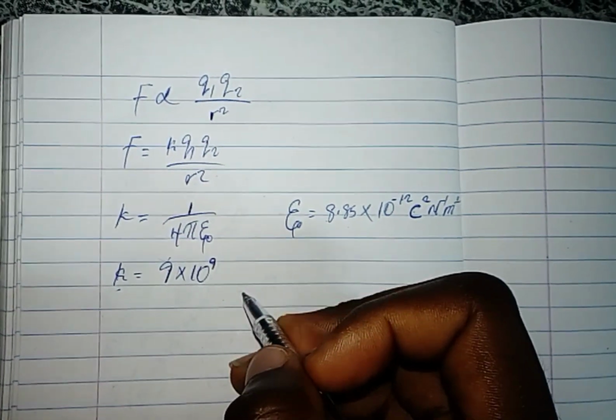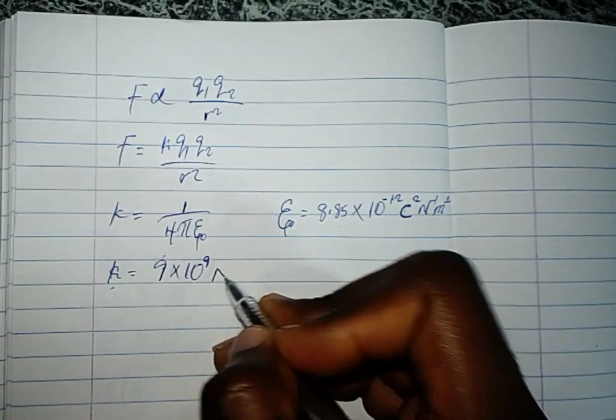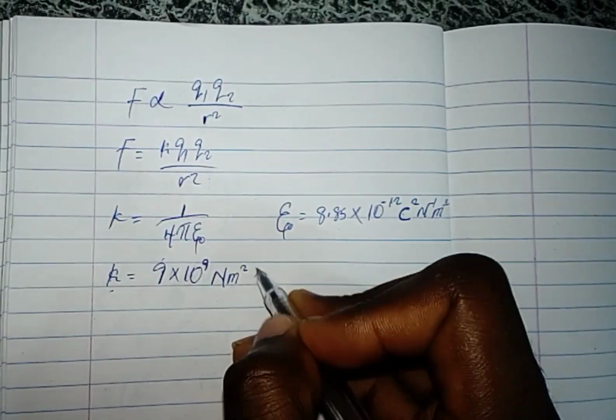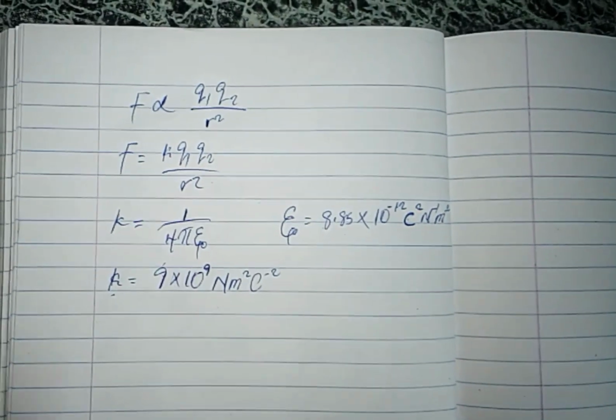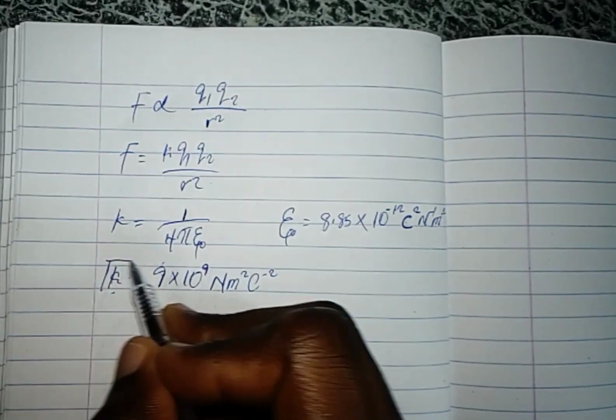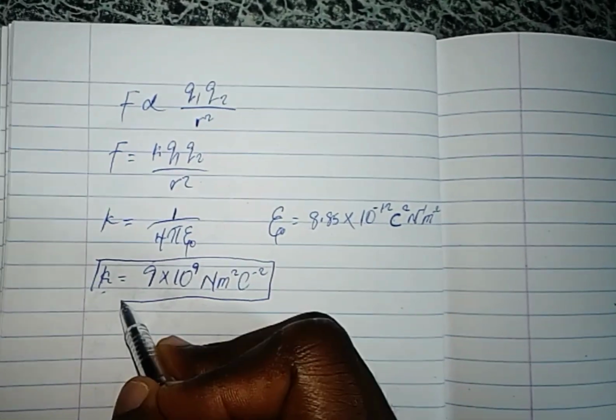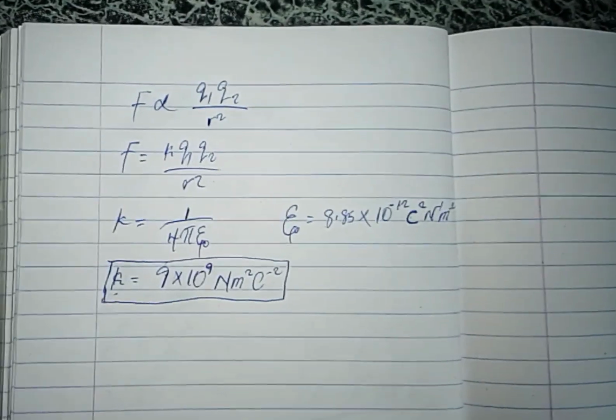This gives about 9 times 10 raised to the power 9 newton meter square per coulomb square. So this is the value for our K. It is a constant.